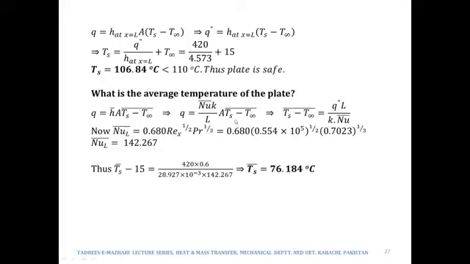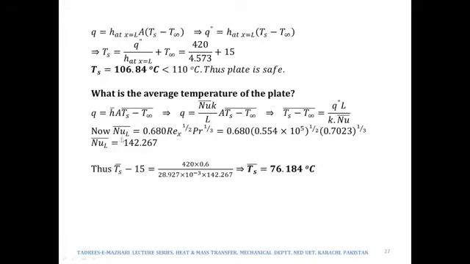The rest of the things remain constant. Therefore Ts minus T infinity average would be Q times L over Nusselt number times k. And Q by A would then be written as Q double dash, heat flux.